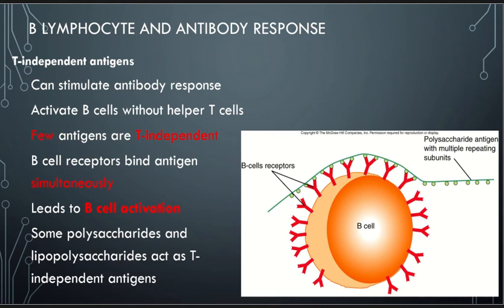If it is exposed to a T-independent antigen, then it may also still go to a T helper cell to wait for cytokines released from the T cell that will tell it to go on to activate.